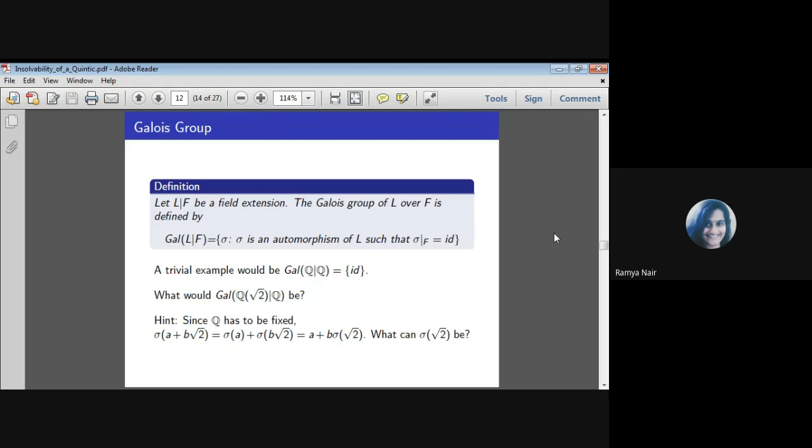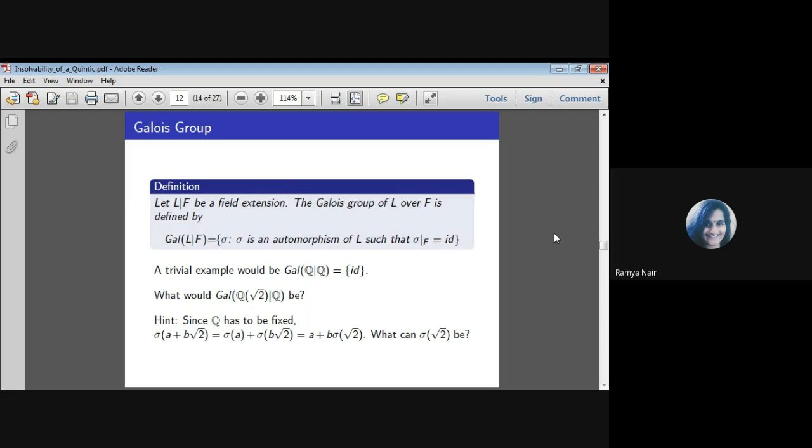Okay, so the next question is, what would the Galois group of Q root 2 over Q be? It might help to think of this as a vector space isomorphism as well, because these are vector spaces over the smaller field. For it to be a field isomorphism, it has to be a vector space isomorphism and something more.